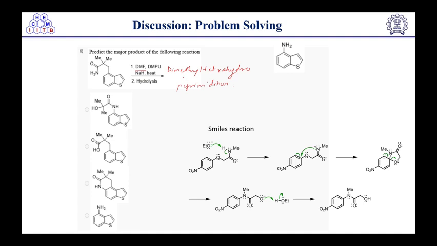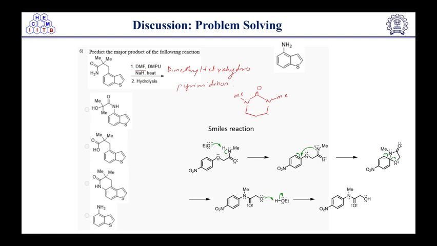Talking about the structure, you can see here we have dimethyl tetrahydropyrimidinone. So pyrimidinone means we have both of these, right? And dimethyl here.